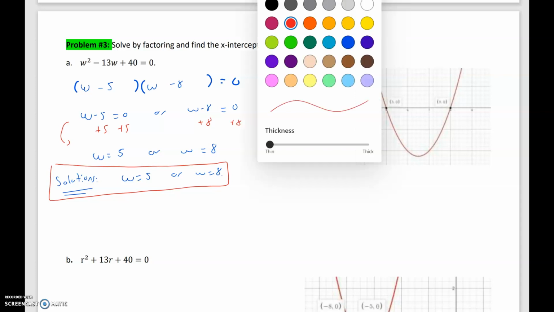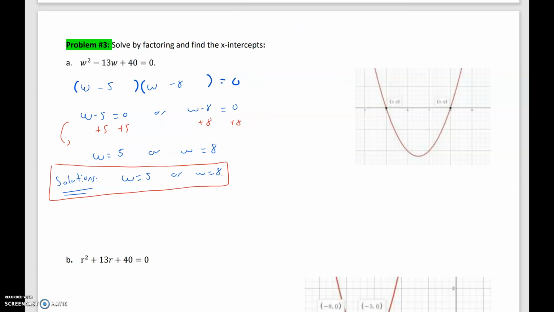As you express them as x-intercepts, the x-intercepts are going to be coordinate points 5, 0 and 8, 0. And that's pretty much it for this problem.